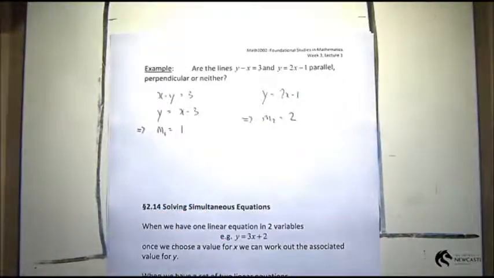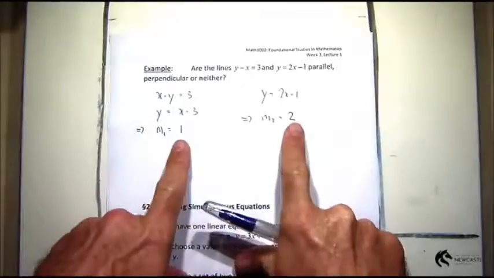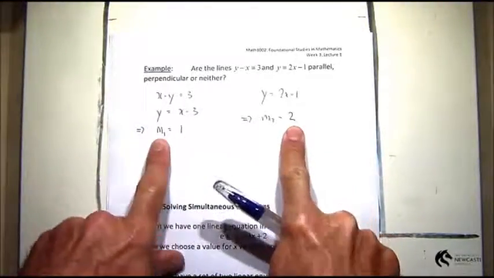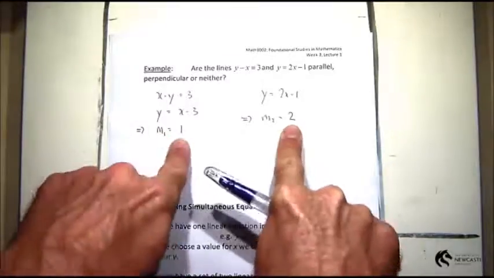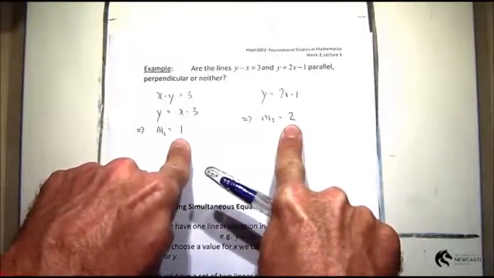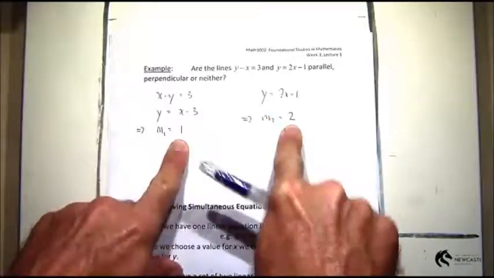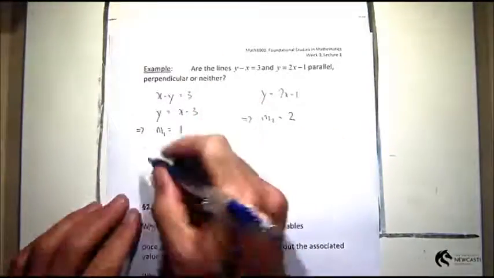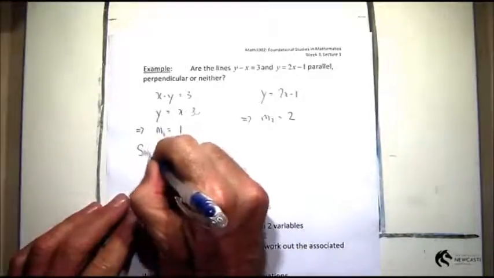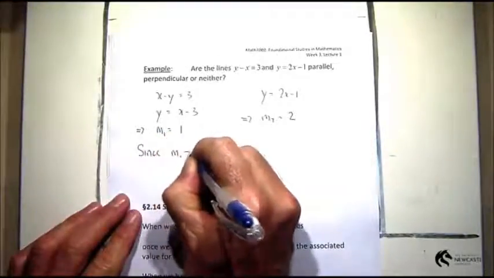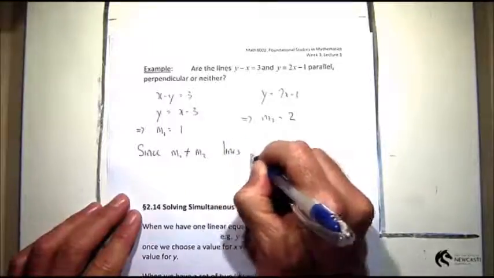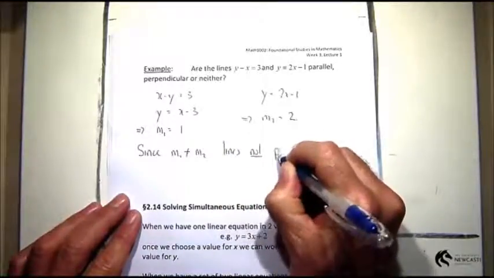So we look at that. The slopes are different, so they're not parallel. m1 times m2 is equal to 2, not minus 1, so they're not perpendicular either. So in this case, the answer is it's neither parallel nor perpendicular. So let's write that down. So since m1 is not equal to m2, the lines are not parallel.